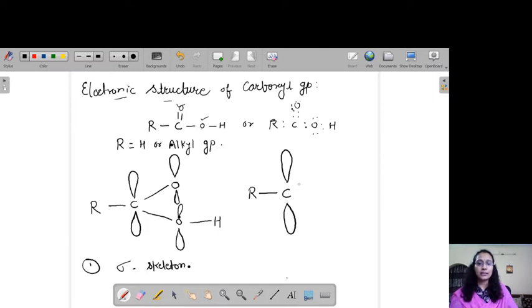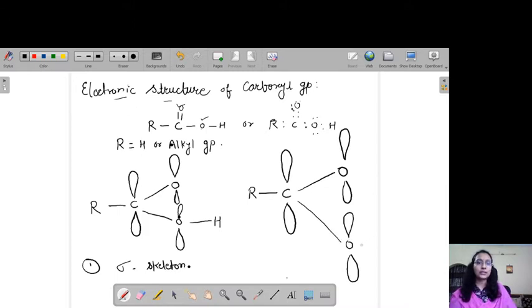This carbon atom is attached to the oxygen, and the carbon is attached to another oxygen. It will be shown like this. You need to practice drawing the electronic structures. This oxygen is attached to the hydrogen, and this free valency of the carbon is attached to an alkyl group or a hydrogen.